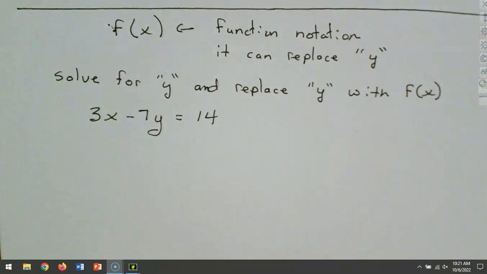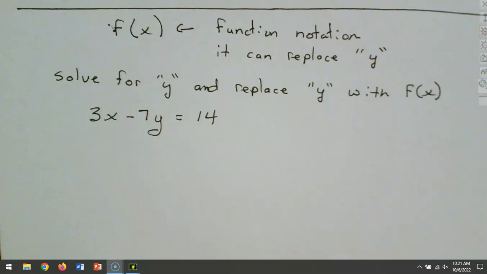All I want you to do, and don't try to overcomplicate this one either, is solve it for y. That just means I get the y by itself on the left-hand side. And once I've solved it for y, then I'm going to replace that y with the function notation f of x.